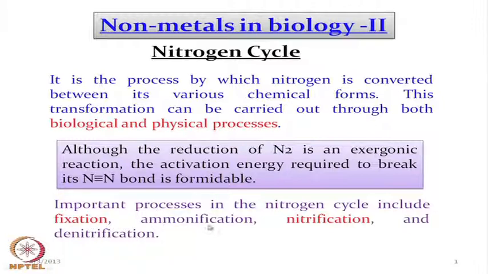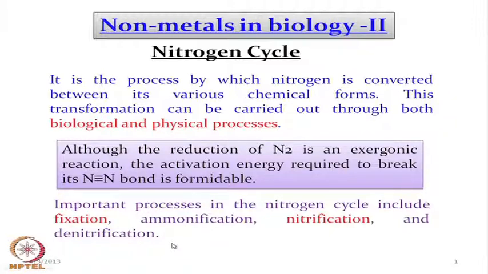Then in some cases ammonification can take place, and there is some process which we consider as the nitrification. So, nitrifying bacteria are also there. So, it is a typical biochemical reaction what bacteria can do, which we cannot do in the laboratory for the fixation of nitrogen. So, nitrogen can be activated for nitrate and nitrite formation, and in some other cases the reverse reaction, that means the denitrification reaction.